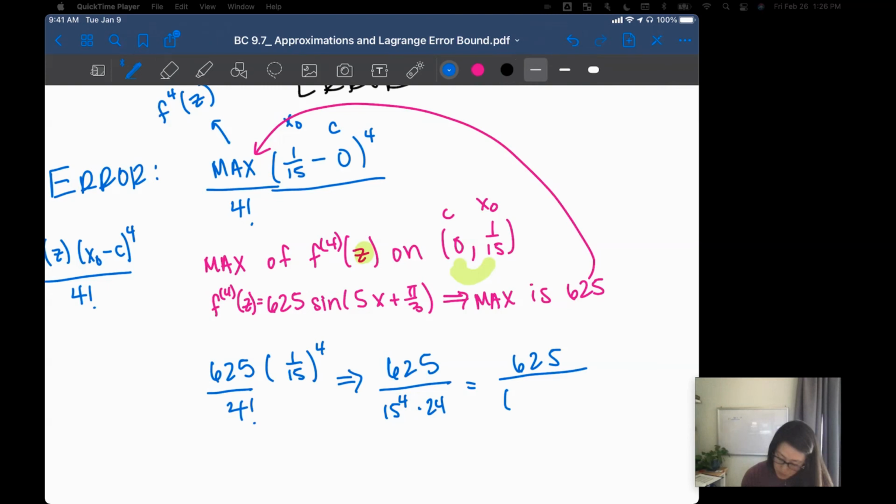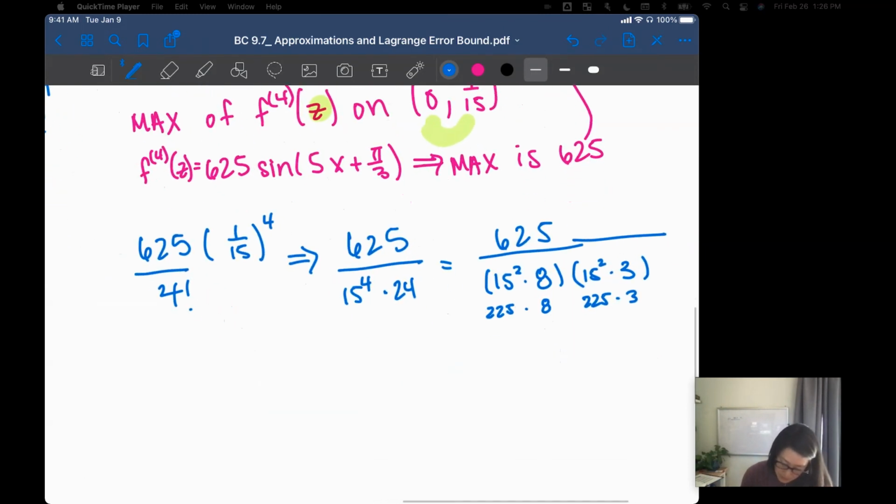So 24 can be rewritten as 8 times 3, and then 15 to the 4th can be rewritten as 15 squared times 15 squared. Okay, so this is 225 times 8 and 225 times 3. So just doing friendlier numbers here.